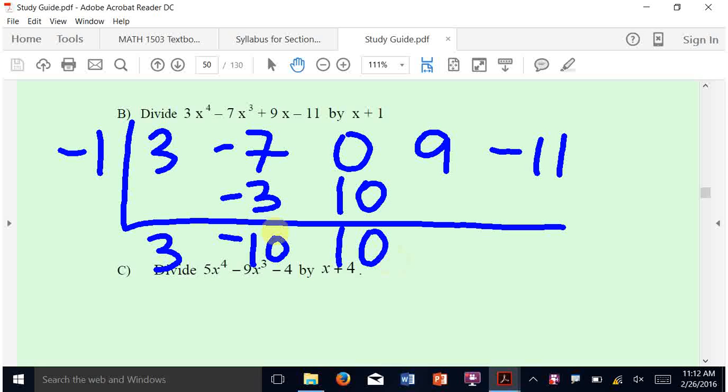Multiply negative 1 times 10, and you get negative 10, and add negative 10 plus 9 is negative 1, and then negative 1 times negative 1 is positive 1, and add, and you get negative 10. Okay, so this is our remainder, and here are the coefficients of our quotient.